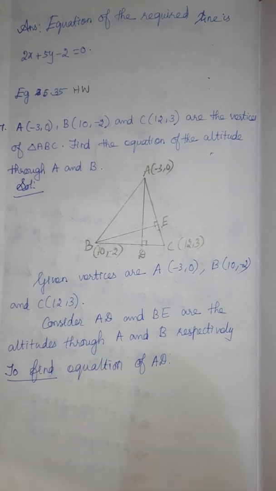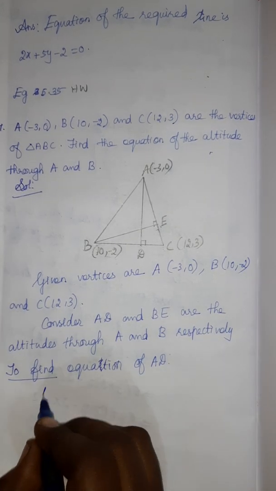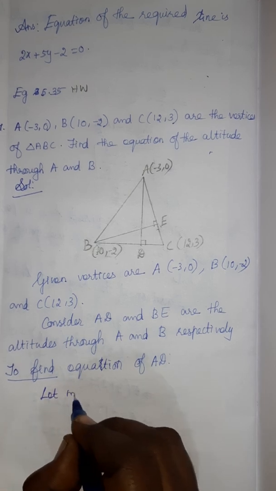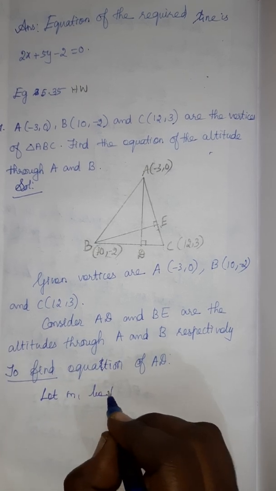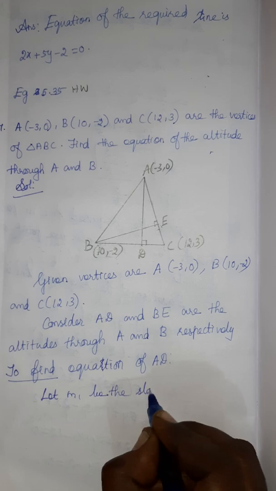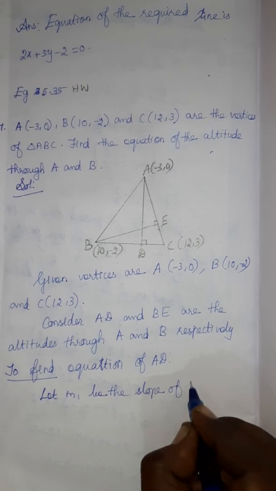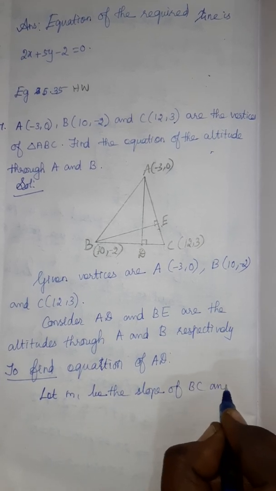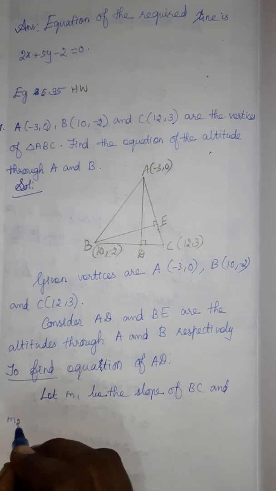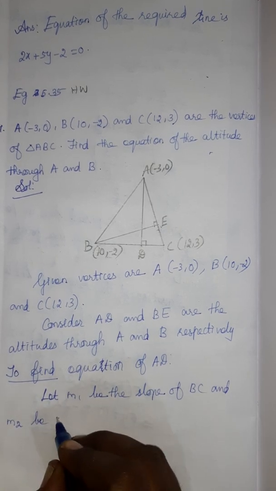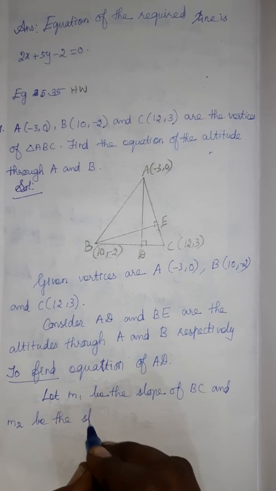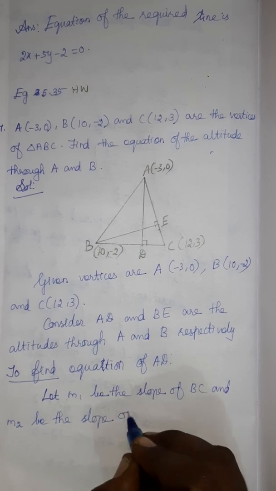Let m1 be the slope of BC and m2 be the slope of AD.